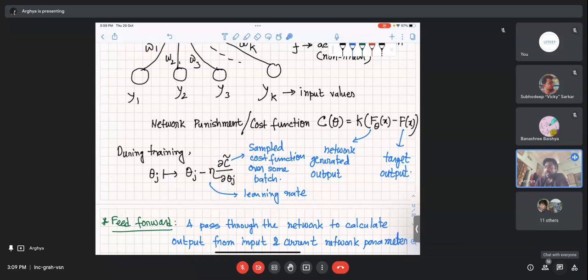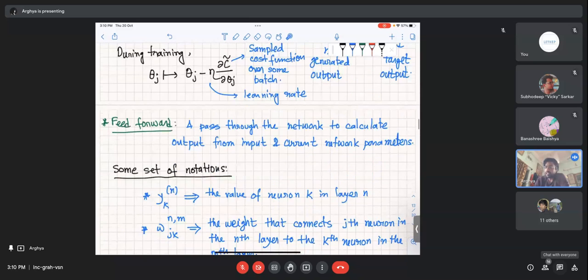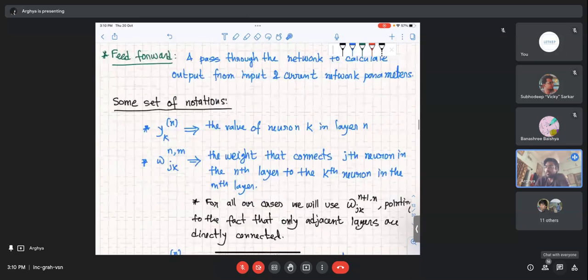And then we update our network parameters like this, so that this cost C of theta gets minimized. This eta sitting here, we also mentioned as the learning rate. So these are the terms that we learned yesterday: weights, biases, activation functions, learning rate and cost function.